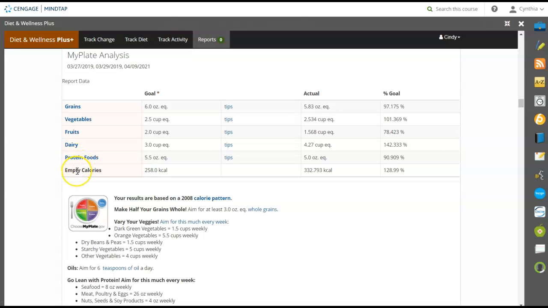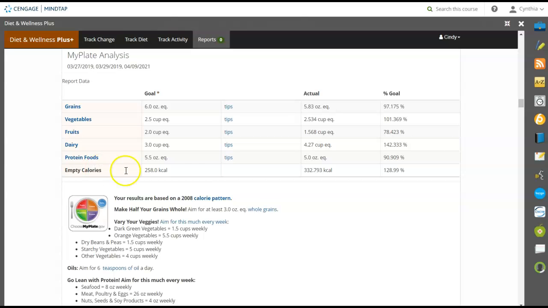The one thing I do want to draw your attention to is this last category called empty calories. Some of you guys probably know that there are foods that have calories that don't provide a lot of nutrients. Candy, soda, chips, Pop-Tarts, right? Those are the things we're going to call empty calories.